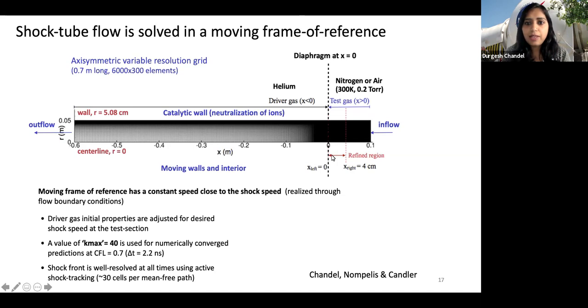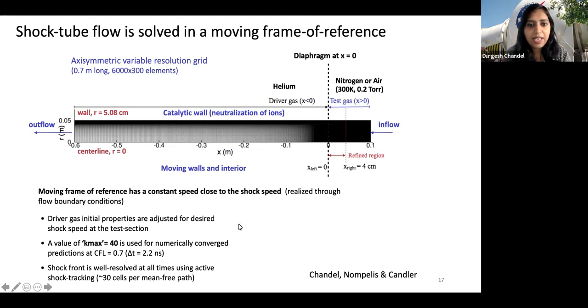For example, if I'm simulating an earth entry condition at 10.5 kilometer per second, my moving frame speed will be that particular speed.